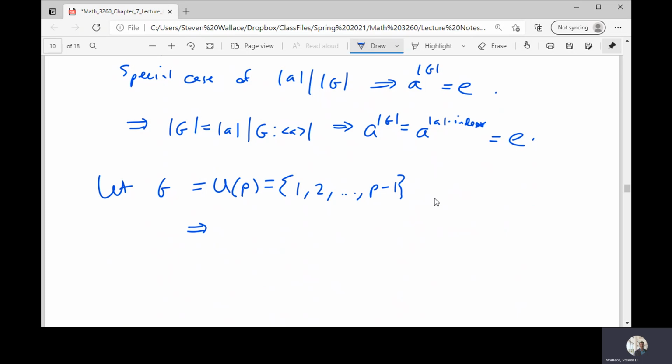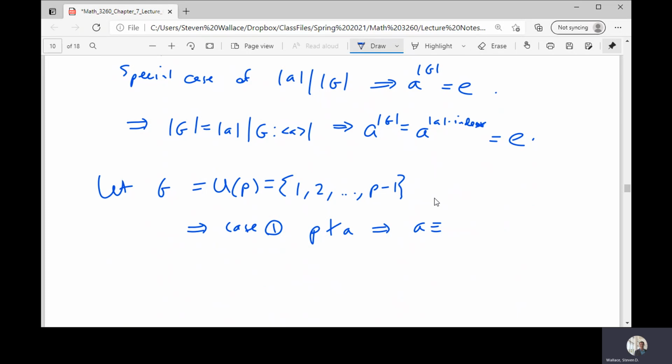There are two cases, right? Case 1, P does not divide A. That means that A is an element of the unitary group, I should say.